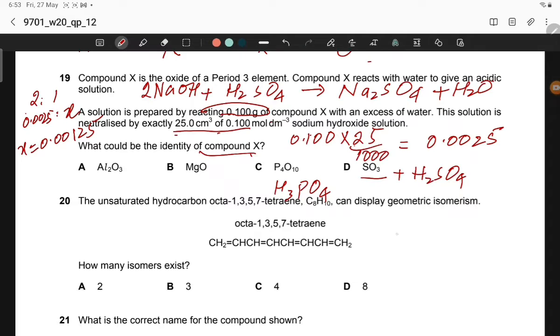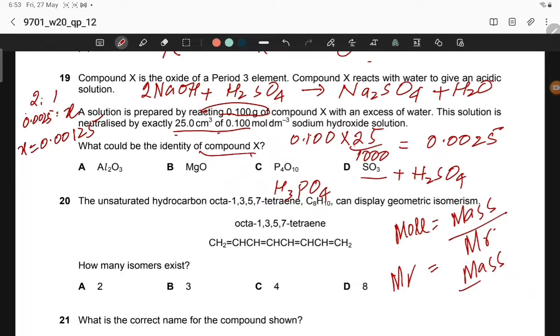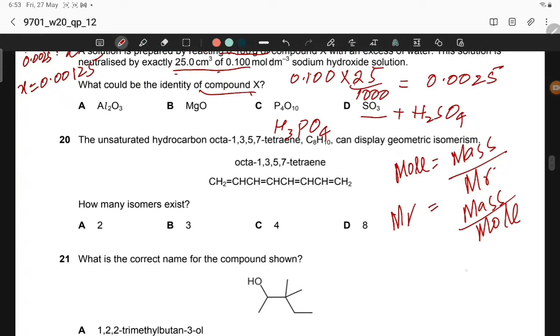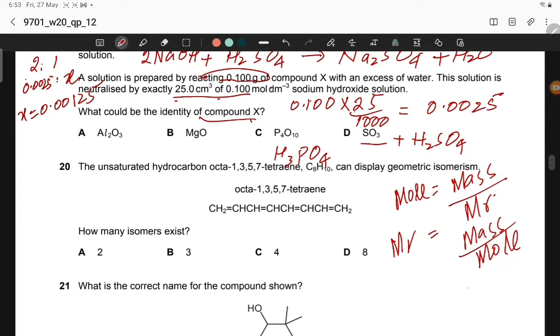So mole is equal to mass over Mr, so Mr is equal to mass over mole, which is 0.100 divided by 0.00125.